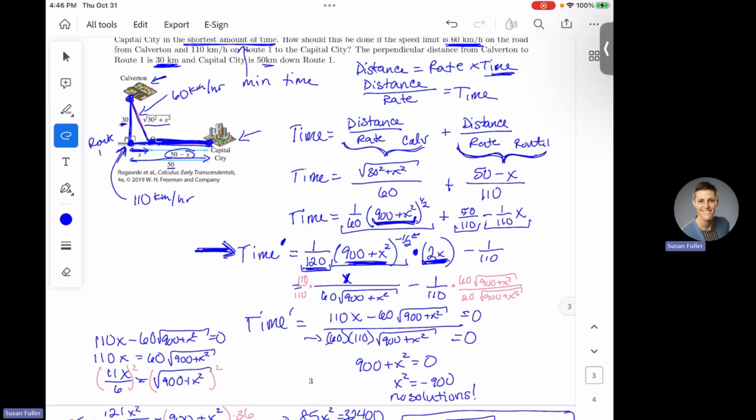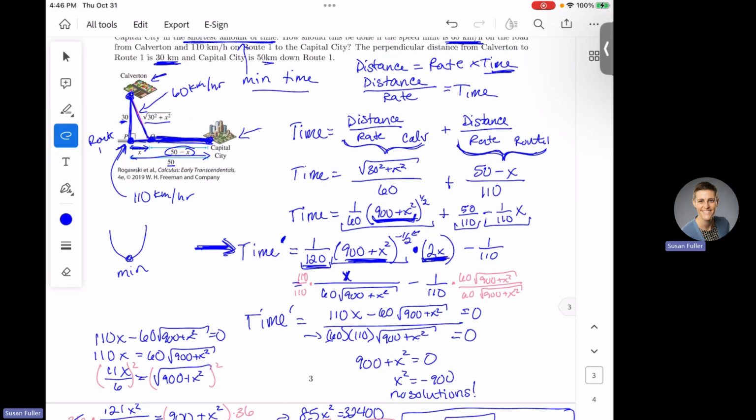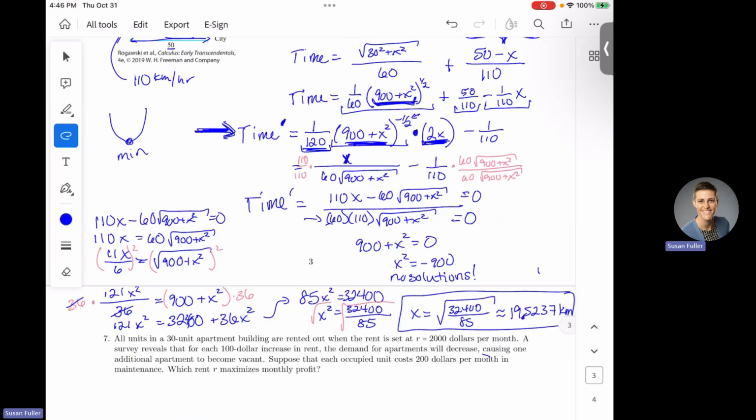That means if I get a positive out of my second derivative, my entire original function is concave up, which means what I have is in fact a min, which I wanted. So sometimes it's just really gross to find that second derivative, but we can kind of logic through the fact that our second derivative is going to be positive everywhere, and that means this is going to be the minimum that we seek.